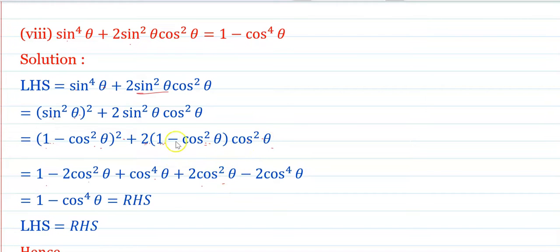Cos square theta into 2 cos square theta you will get minus 2 cos theta raised to 4. म्हणजे या 2 ने फर्स्ट आपण या 1 ला आणि या cos square theta ला मल्टिप्लाय करणार, then you will get 2 minus 2 cos square theta. Okay, and next multiplication is cos square theta into 2 cos square theta and cos square theta into 2, then you will get 2 cos square theta minus 2 cos theta raised to 4.